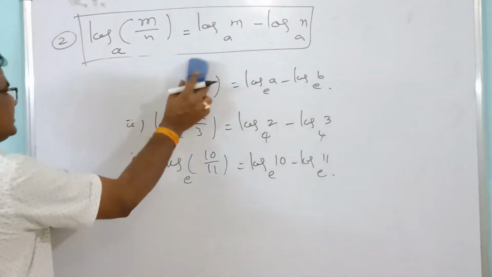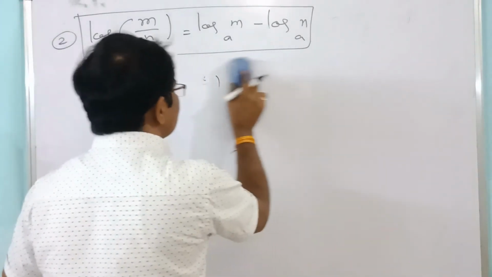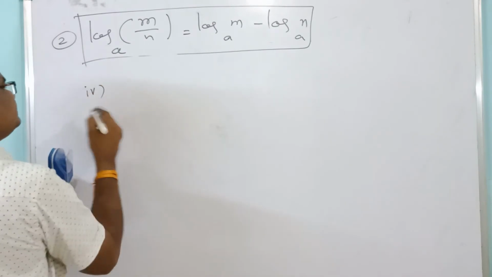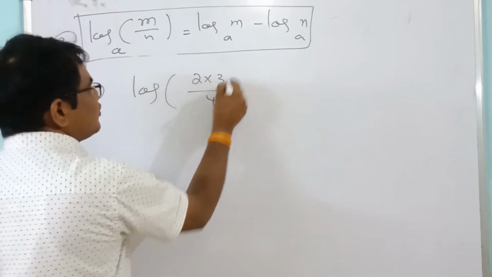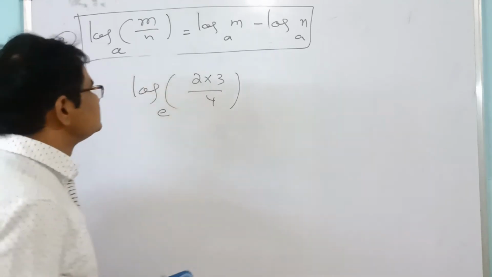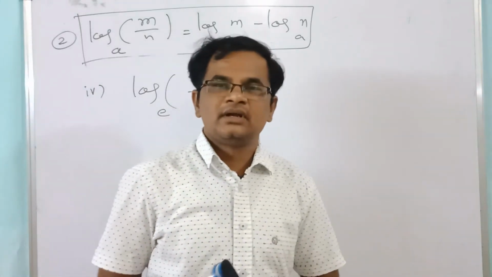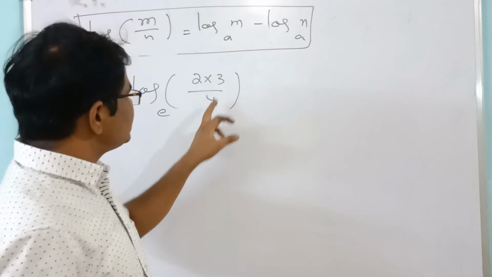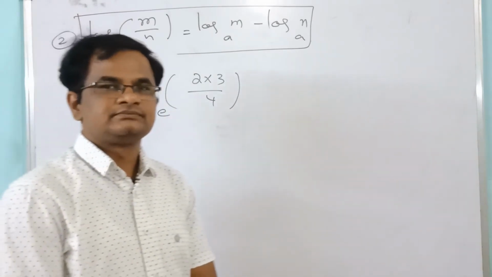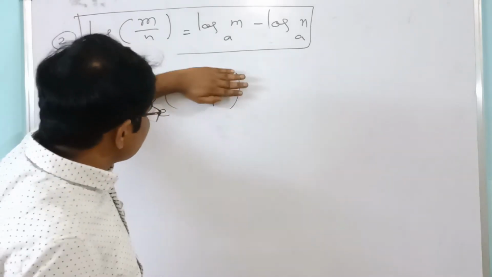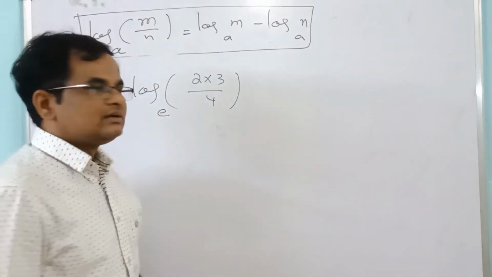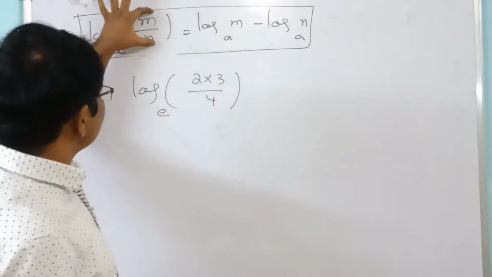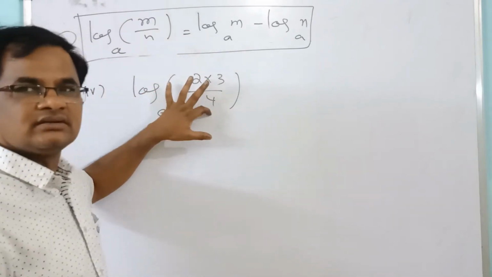Now take this example. Fourth example: log of 2 into 3 by 5 to the base e. How to do? Log of 2 into 3 divided by 5. First it is in the form of log m by n, right?